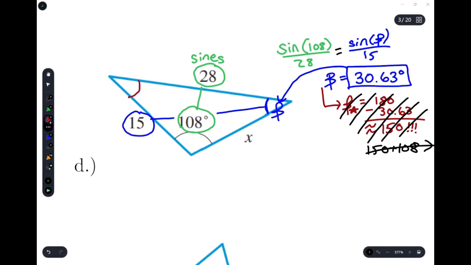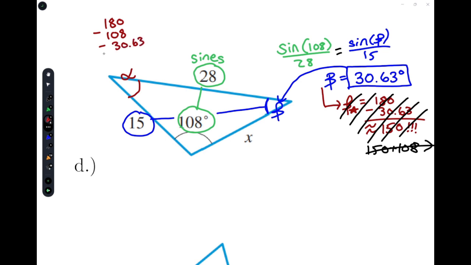So now how do you get, what are we going to call this one, alpha? Alpha, yeah. 180 minus 108 minus 30.63 to get the last alpha. 180 minus 108 minus 30.63 is equal to 21.37 degrees.